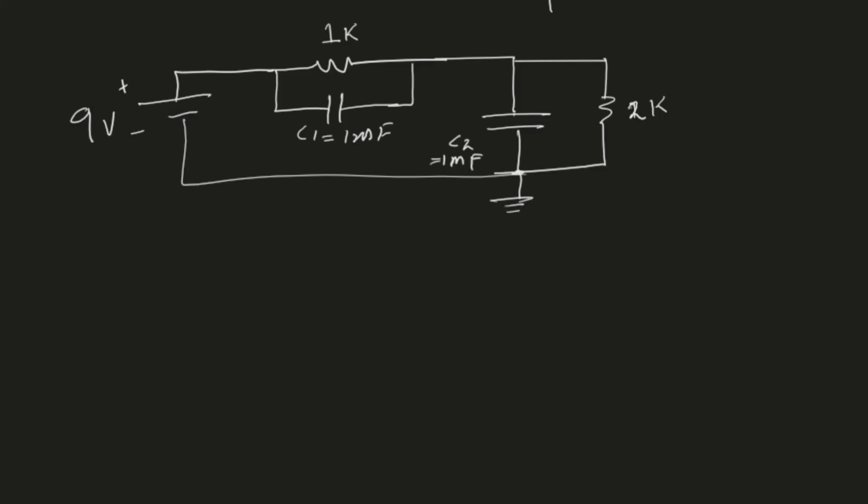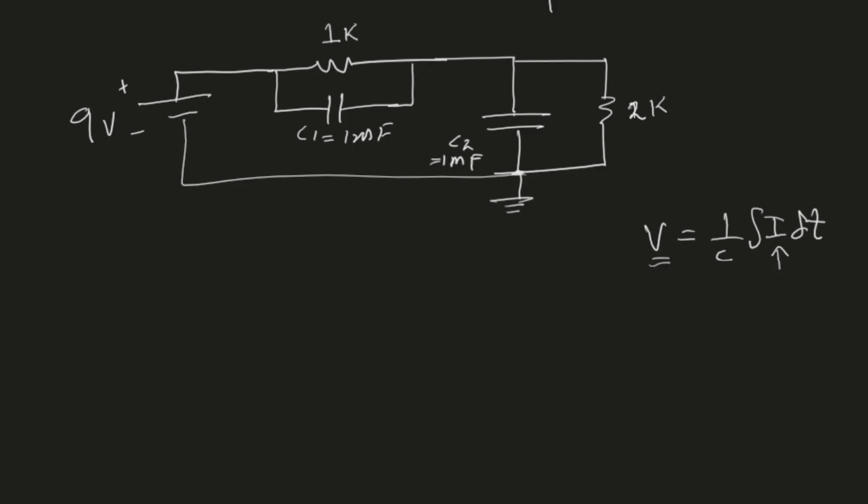In the steady state, we can assume that both capacitors are charged to the maximum voltage they can reach. Once these voltages reach their maximum value, we know that because the V across the capacitor is 1 over C integral of I dt, if V is not changing, this means that the current is equal to 0.